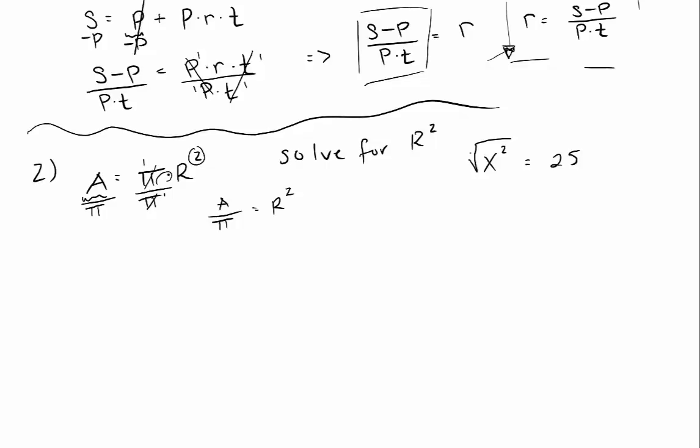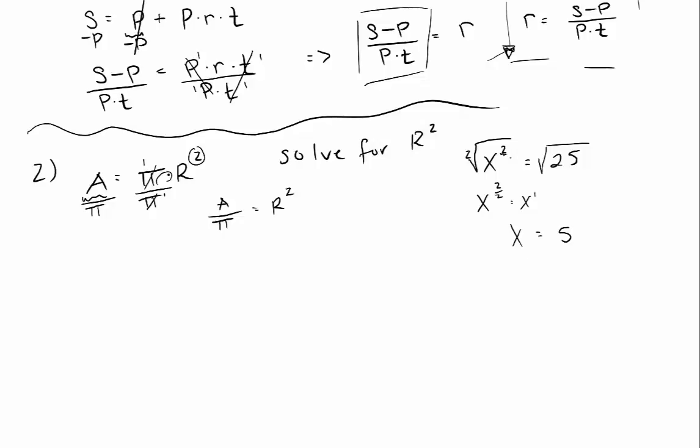I do that because, like we discussed in the exponents or radicals video, I can rewrite this as x to the 2 over 2, which is x to the 1, which is just x. And whatever I do on one side, I do the same thing to the other side. So I take the square root of the other side, and the square root of 25 is 5, or actually plus or minus 5. But that's how we do it. We take the radical that matches that exponent, and there's an unwritten 2 there.